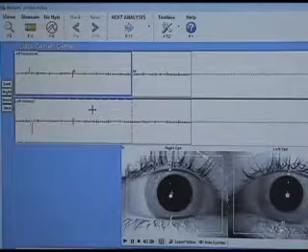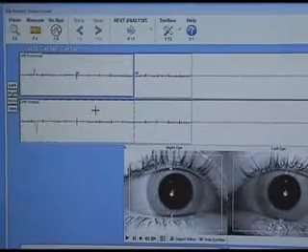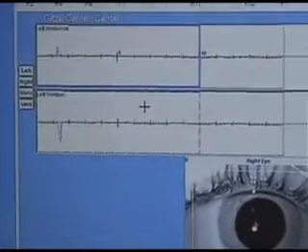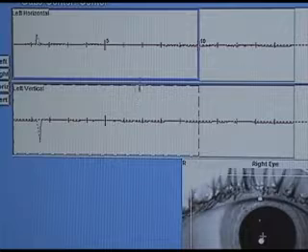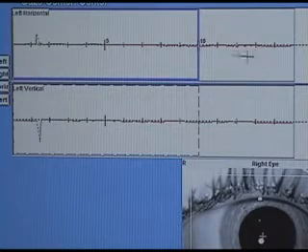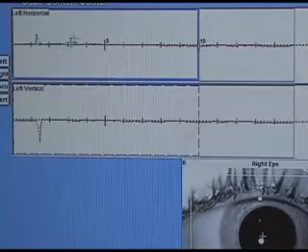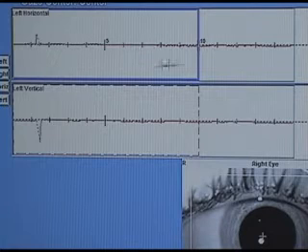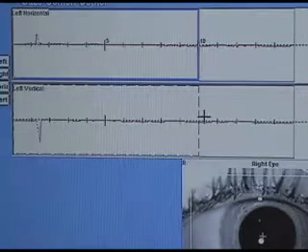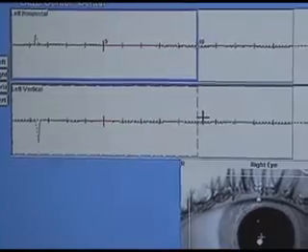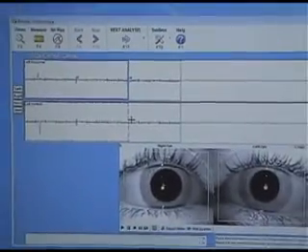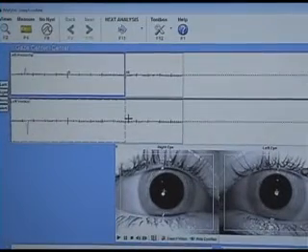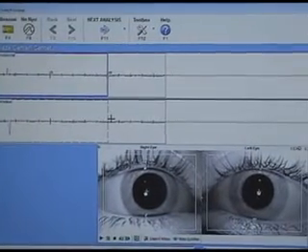So when we look at these here, what we like to see is a very nice printout that is basically straight across, meaning that the eyes are not jerky at all. So it should be like a flat line baseline. And then we also get the eye movements.